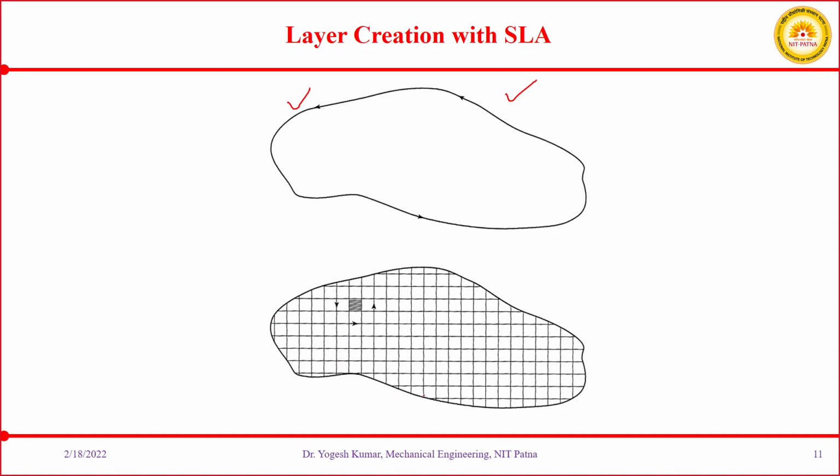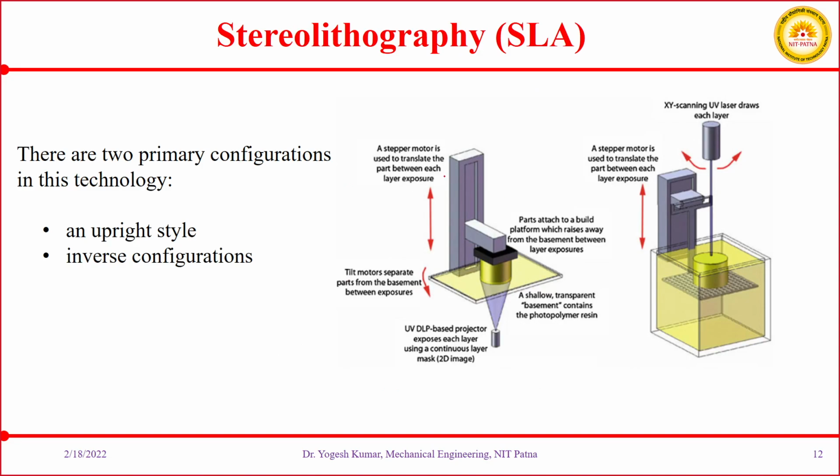First it decides the outer periphery, then you can see square boxes, the movement of your UV laser in this bounded area. This way it solidifies the whole layer of liquid resin, and as soon as it is solidified, the process is repeated for the next layer. So this is how your SLA process works.